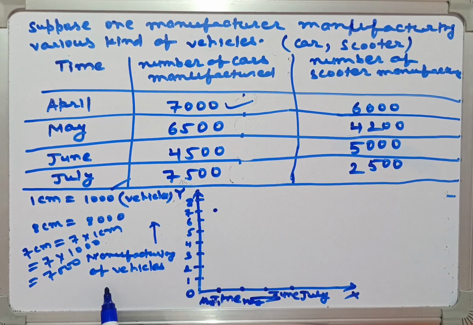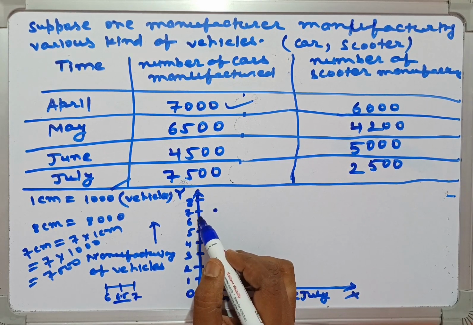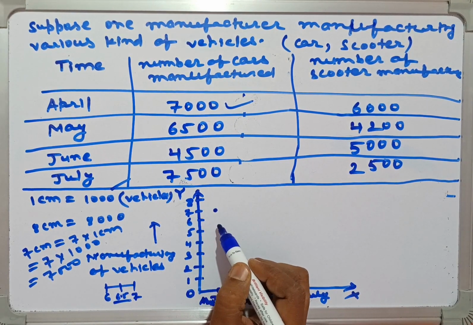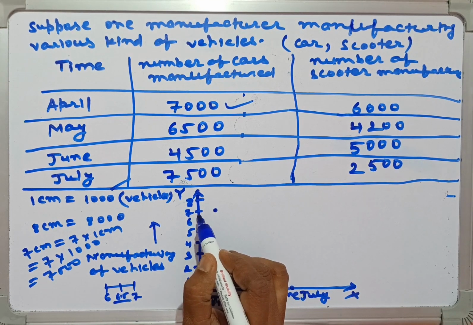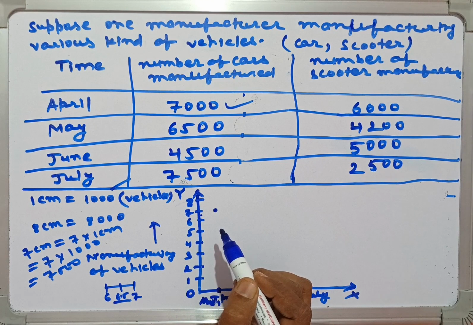Because here see this one is a 6, this one is a 7, so 6.5 will come here. Okay, so this 6 centimeter equal to 6,000, and if you add 0.5 to 6 centimeter, so this point becomes 6,500.